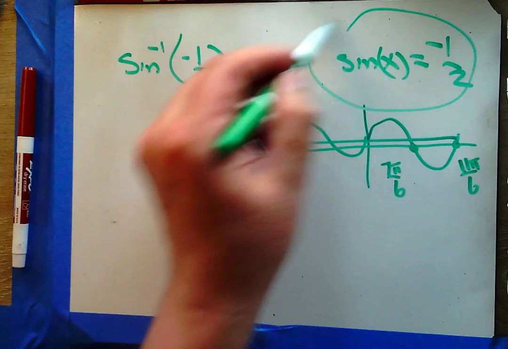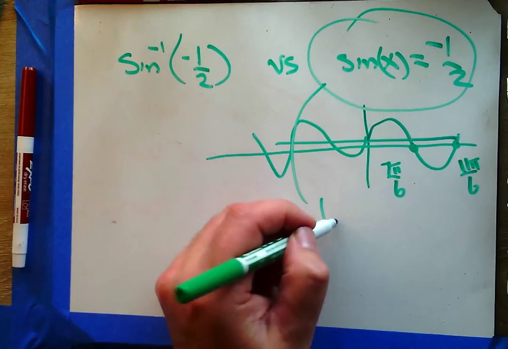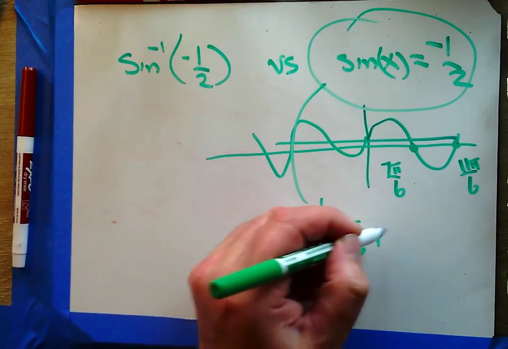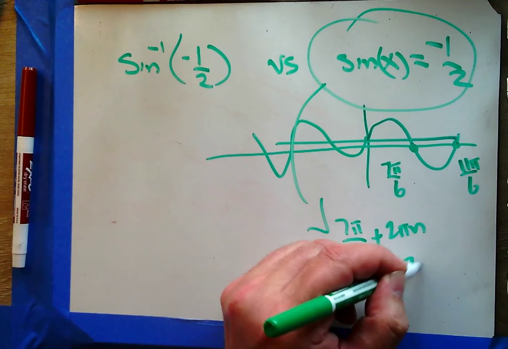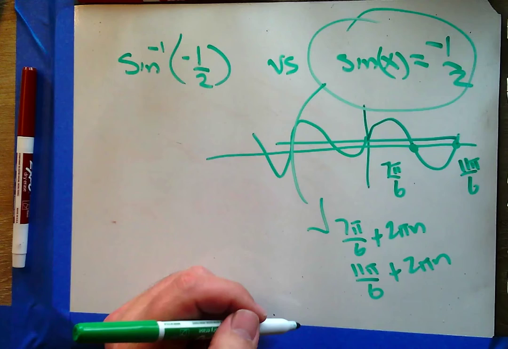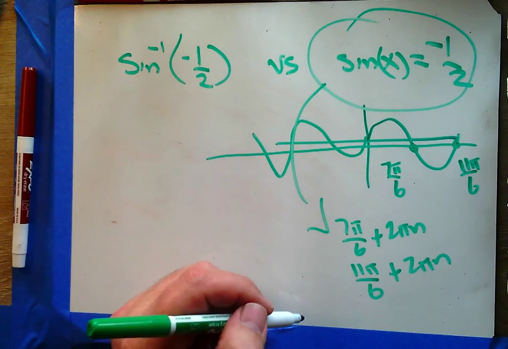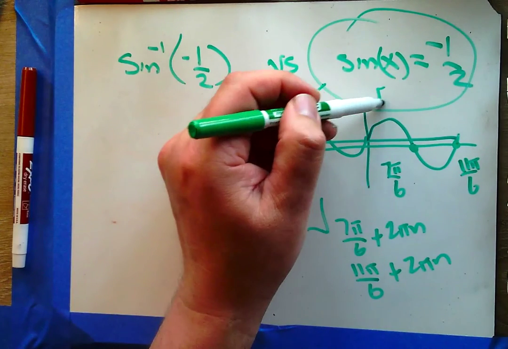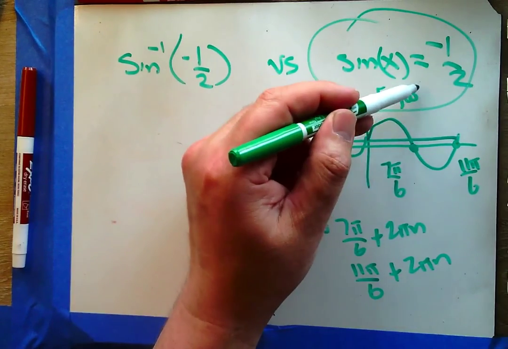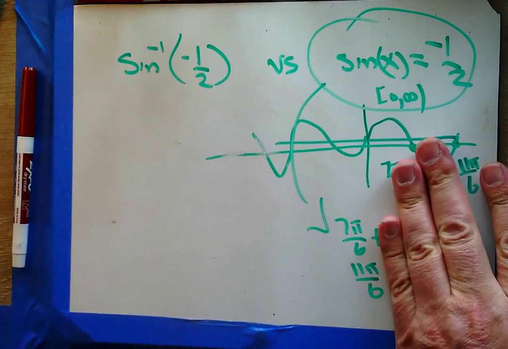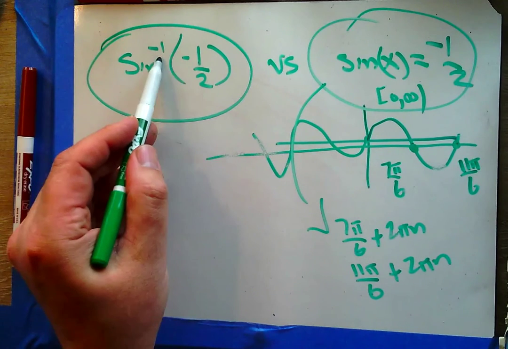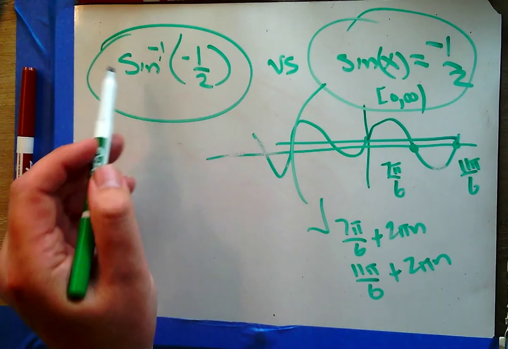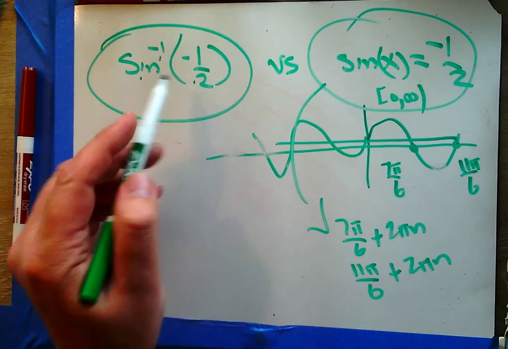And so the answer to this might be 7 pi over 6 plus 2 pi n, 11 pi over 6 plus 2 pi n, because there are an infinite number of solutions. If I had been given some sort of domain restriction, then I would just lead with these answers. But when I think about this, what angle within the restriction has a height of negative 1/2?